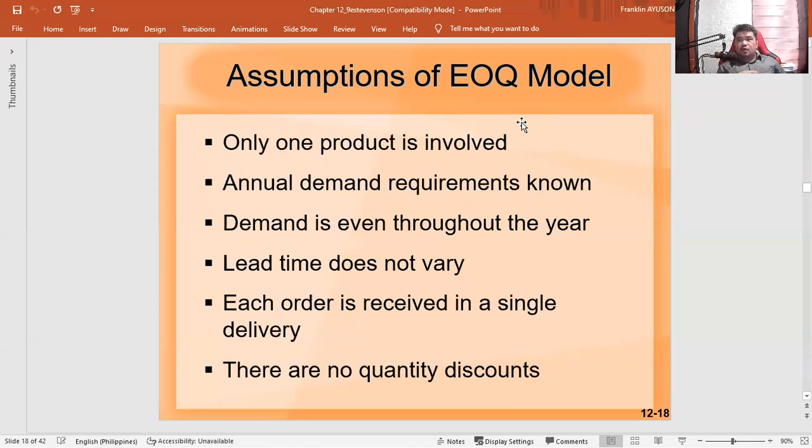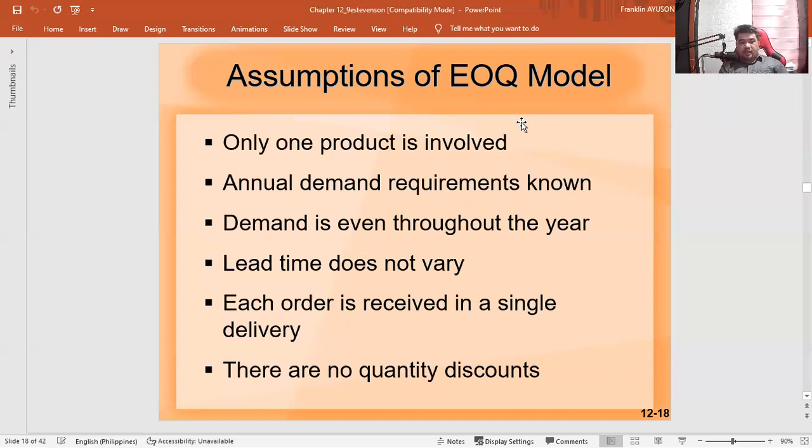But in reality, versus our economic order quantity assumptions, number one, you have several EOQ models, one for each product, because most likely the company is not maintaining a single product. Number two, demand requirements may not be known or might be fluctuating. So you have your model versus a fluctuating demand.